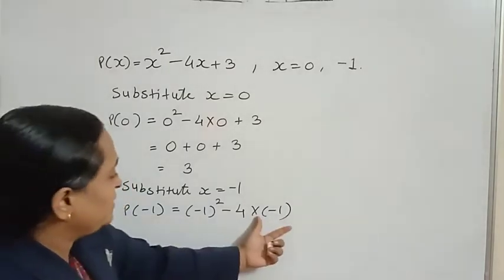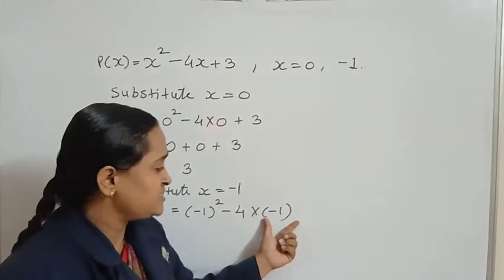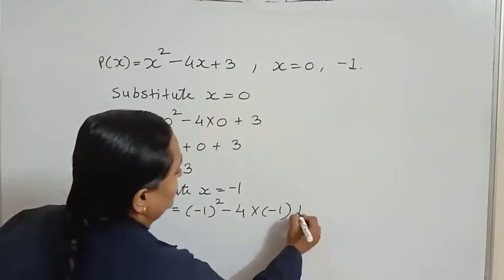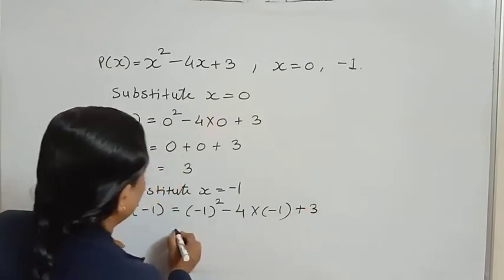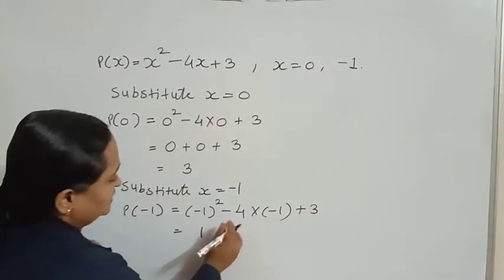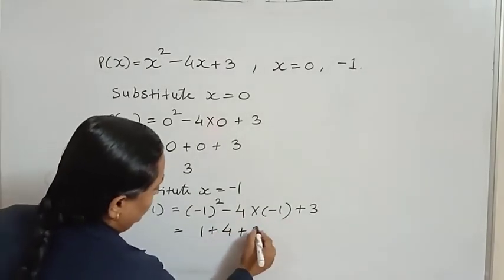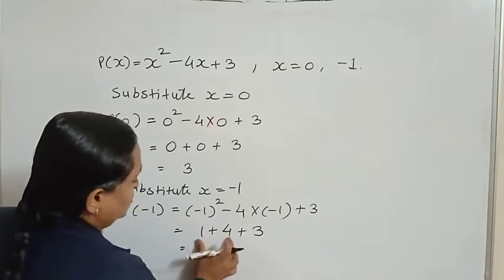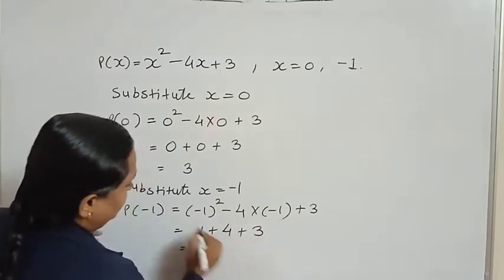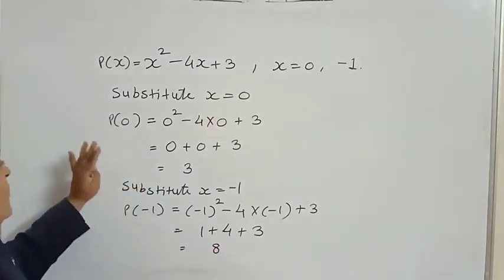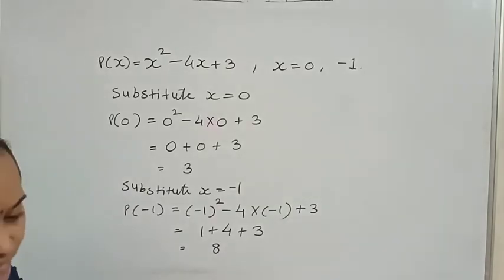Here I have given brackets because a negative number is there, plus 3. Then minus 1 square is 1, negative negative is positive, so plus 4, plus 3. 1 plus 4 is 5, 5 plus 3 is 8. In this way we can find the value of a polynomial.